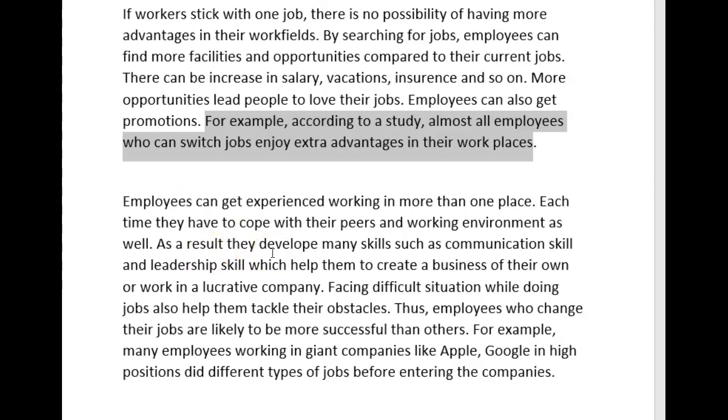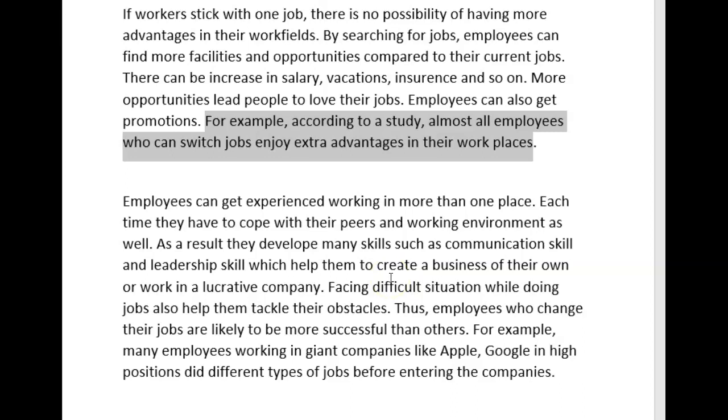Employees can get experience working in more than one place. Each time they have to cope with their peers and working environment as well. As a result, they develop, no E, many skills such as communication. Get rid of skill here. You just said a skill, such as communication and leadership, which will help them to create a business of their own or work in a lucrative company.